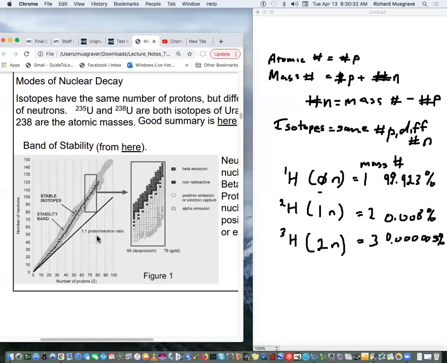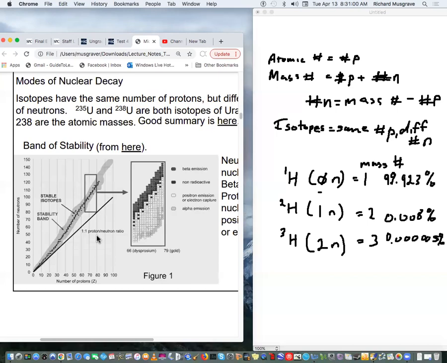Just to give you a little bit of perspective on how packed the nucleus actually is, I want you to think about the Raymond James Stadium. All right, imagine that's the size of an atom. Okay, so imagine the atom is Raymond James Stadium. The nucleus would be the size of a grain of rice in the middle of the football field.